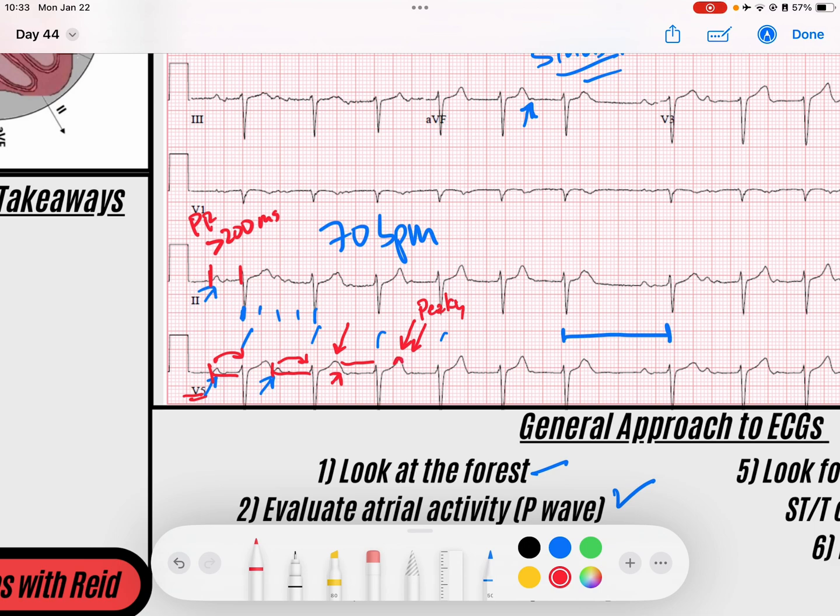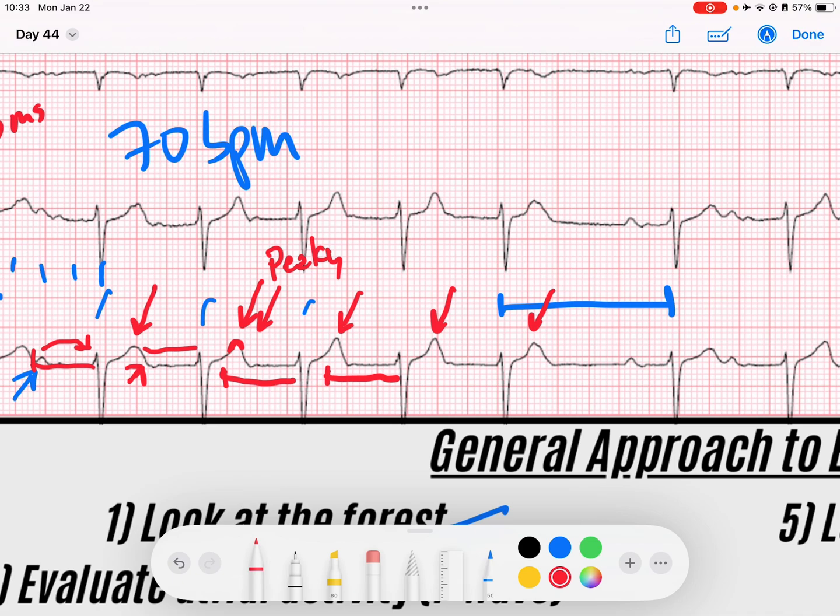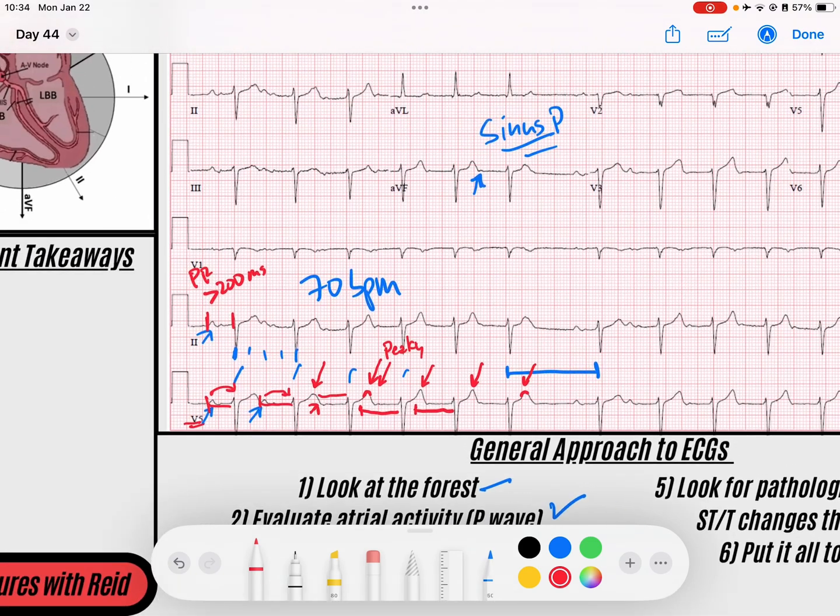The P wave is buried in the previous T wave, and it conducts to this QRS. Same thing here. That P wave is buried in there and it conducts. Then you can see the peak of that T wave slowly moving to the left. Even on this one, that P wave is at the beginning of the T wave peak, we'll say. And then this last P wave blocks.